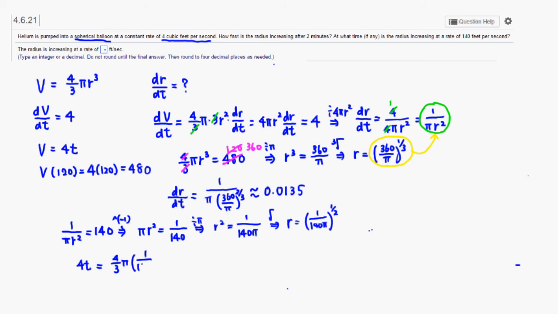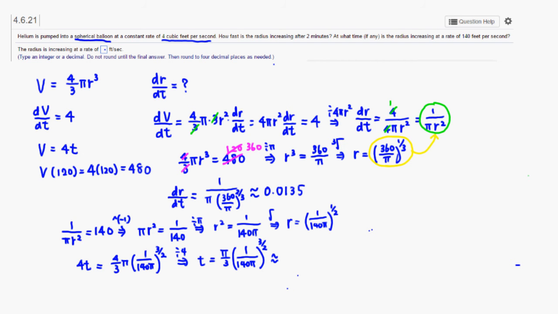So it's 1 over 140 pi raised to the 3/2 power. Then we just have to find t. Divide through by 4, so the 4 cancels out, and t is equal to pi over 3 times 1 over 140 pi, raised to the 3/2 power. So let's find that value.